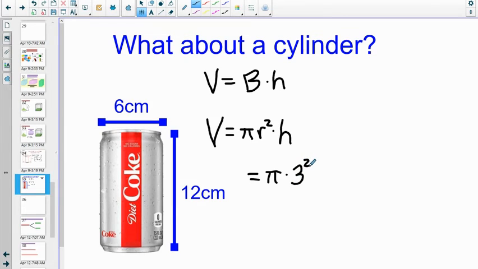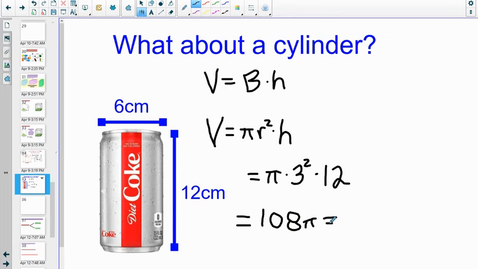That's the area that we actually did in Friday's lesson. And then multiply by the height. The height of the can was 12 centimeters. So I will multiply this by 12. And so we'll have 108 pi if I want an exact answer. I don't know if an exact answer makes a whole lot of sense on this one, but if I asked for an exact answer, that's what I would be looking for.